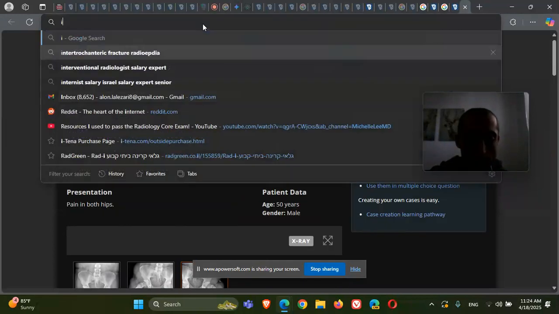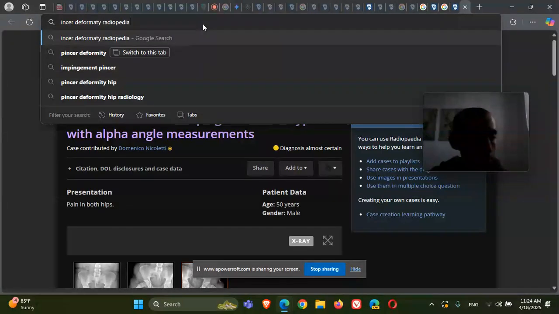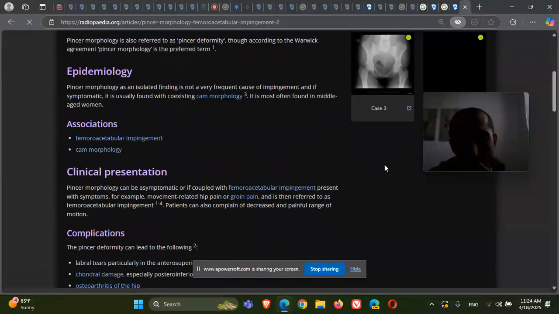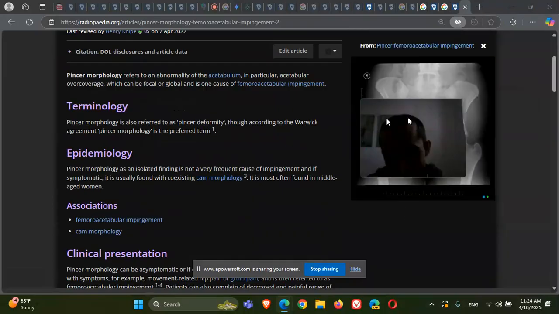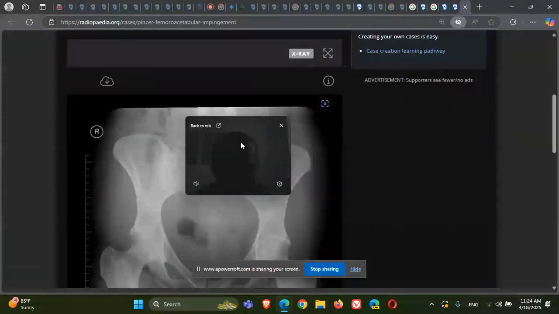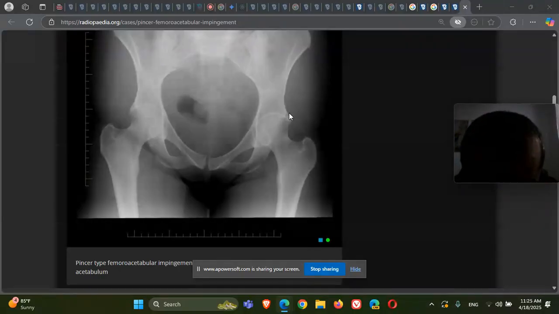Now, when we are talking about pincer deformity, it's not very easy, but what you may see is that the anterior acetabulum and posterior acetabulum cross here and here. Let's show a normal hip.